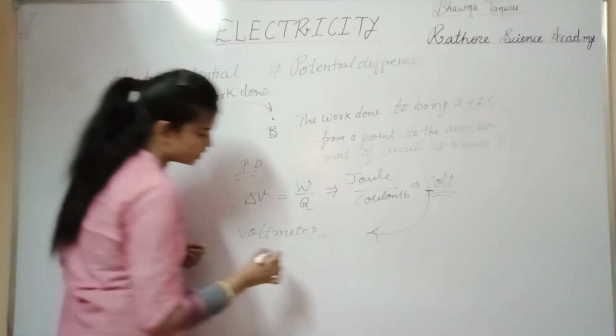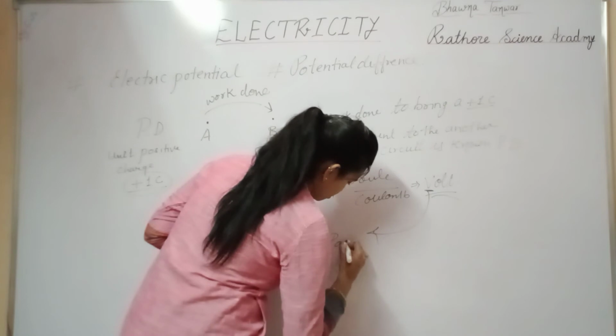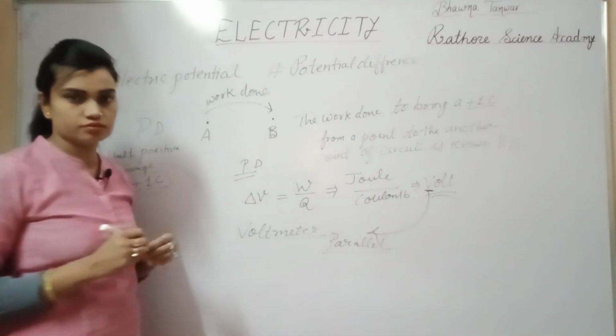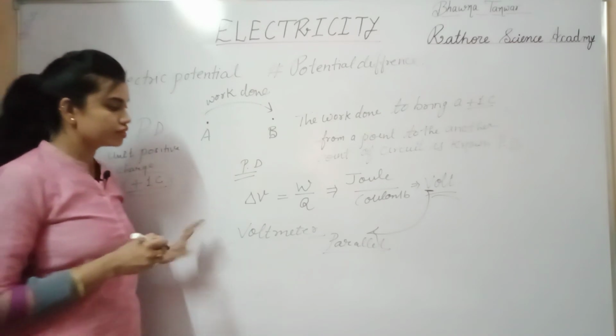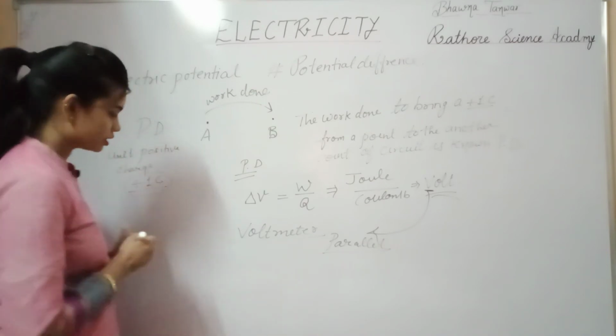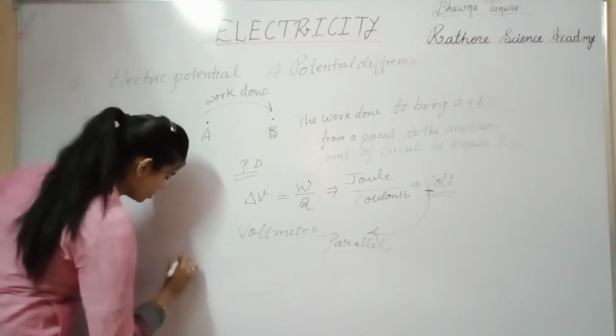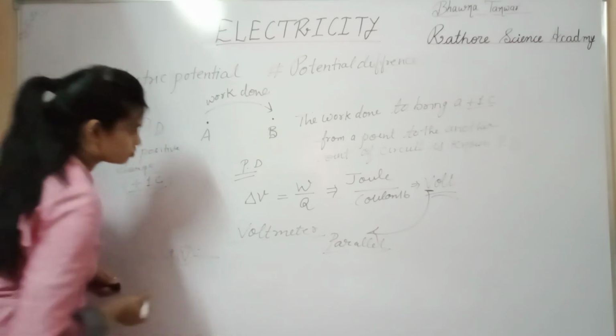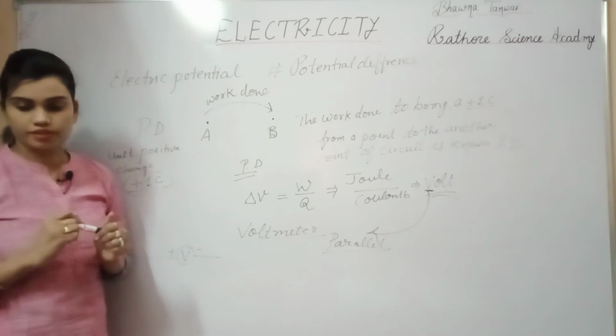And it is always connected parallel to the circuit. Okay, voltmeter is always connected parallel to the circuit, and the symbol of voltmeter is like this. Got it?